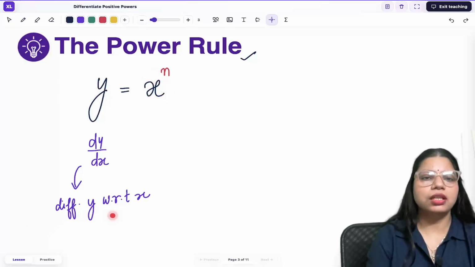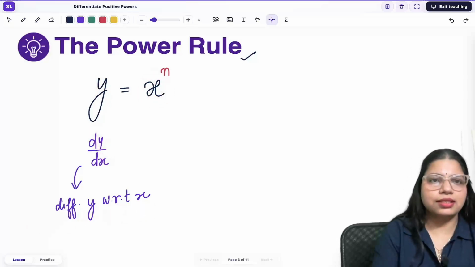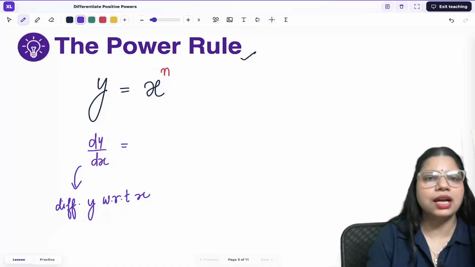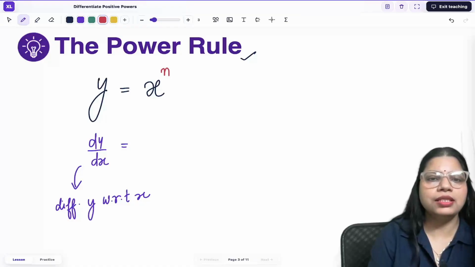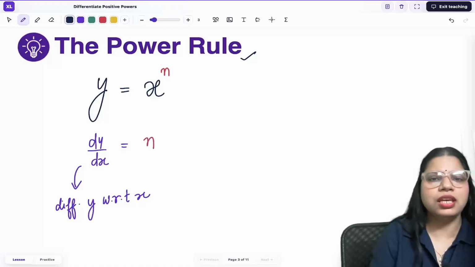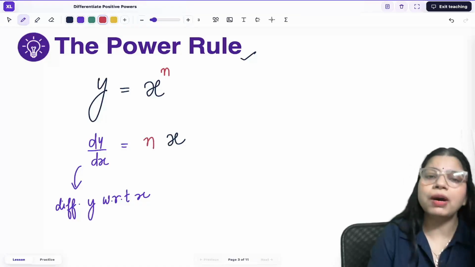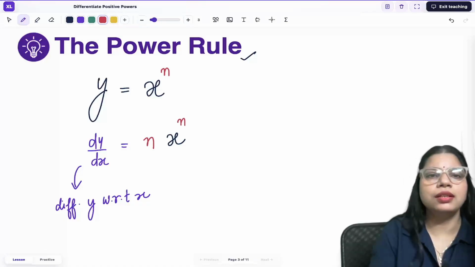That's what we are writing. So we write dy by dx, and what it gives, the first step is bring down n. So I'm bringing it down, then just keep your x as it is and reduce the power by 1. So n minus 1, right?